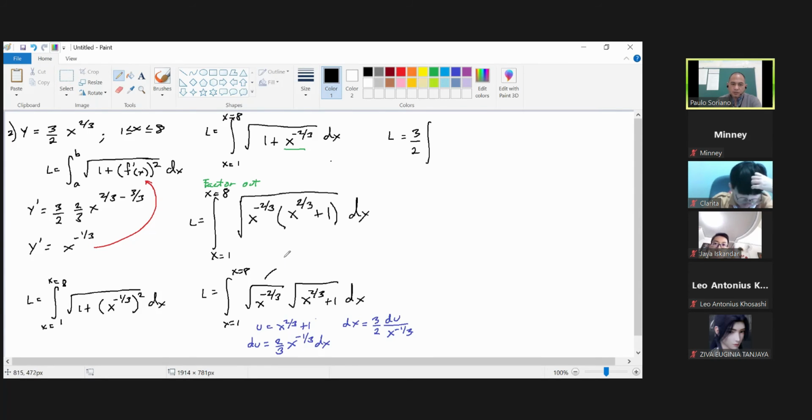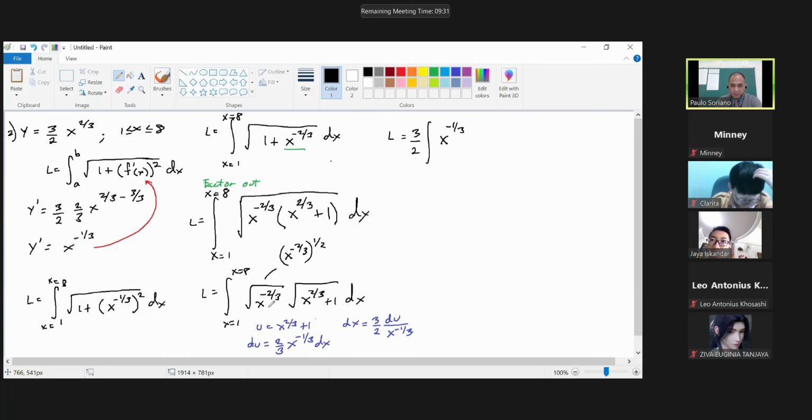This is x raised to negative 2/3 times 1/2, so the negative 2/3 times 1/2 becomes negative 1/3, right? x raised to negative 1/3. This part.